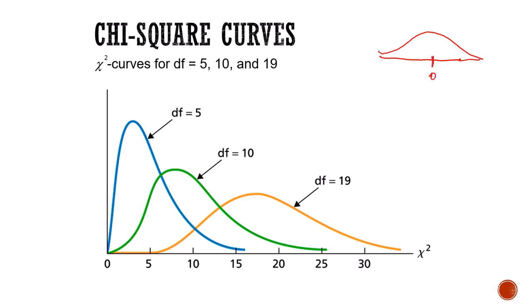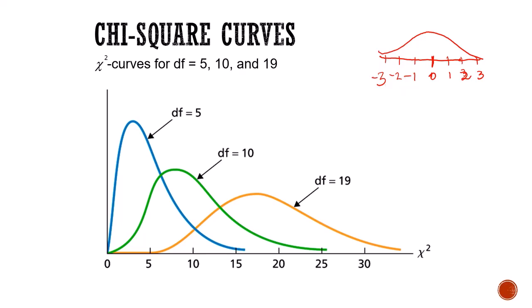All right, and then we had values of 1, 2, and 3 on the right hand side, and -1, -2, and -3 on the left hand side. In chi-squared curves, this is completely missing. There are no negative values in chi-squared curves.